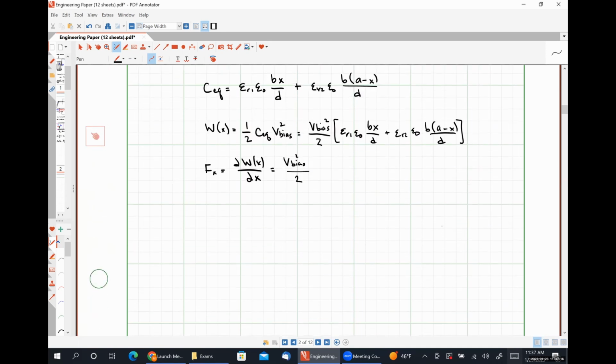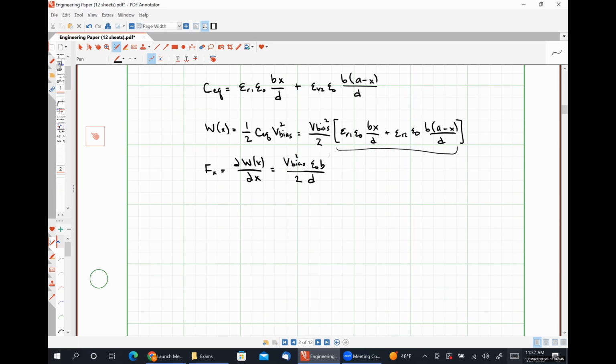So when I take the derivative with respect to X of this part right here, I can pull out a factor of epsilon naught B over D, because those are all constants.